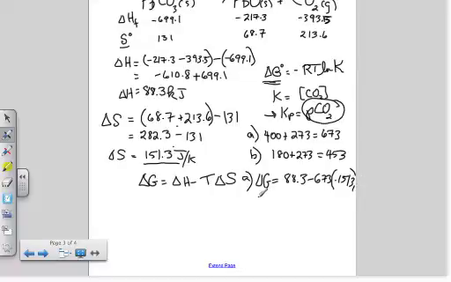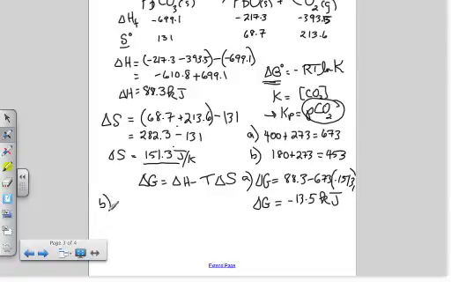All right, so delta G for A is equal to negative 13.5 kilojoules. So it is spontaneous at 400 degrees Celsius.